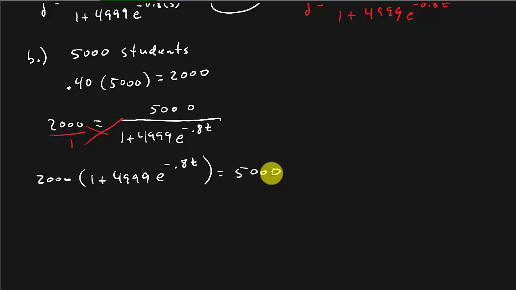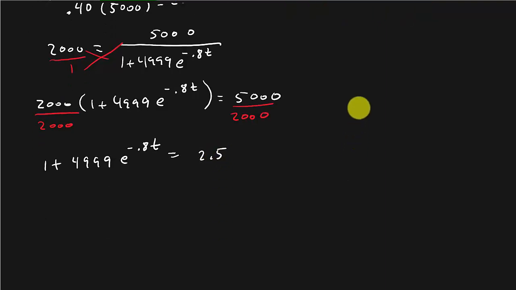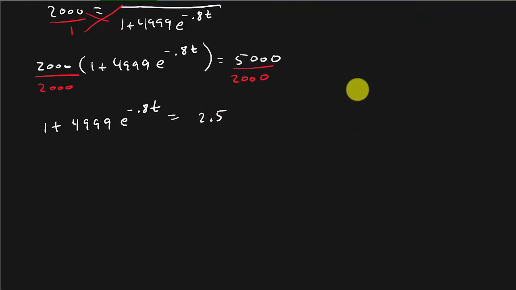I think the easiest way is probably to just go ahead and divide everything by 2,000. So we're going to get 1 plus 4,999 e to the negative 0.8t is equal to 5 halves. So we could write 5 halves, let's write 2.5. Let's just write it as a decimal. That'll work. That'll be just fine.